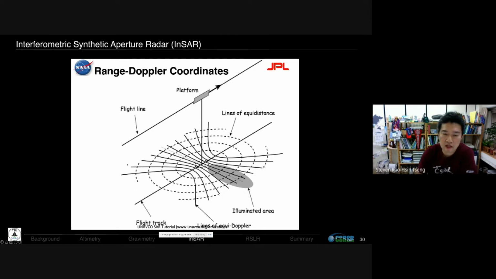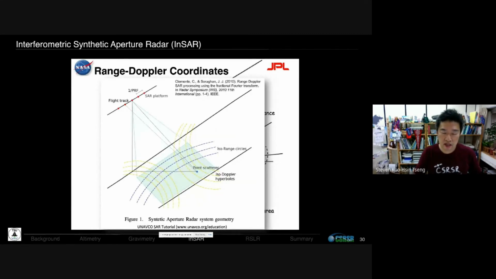So we can basically separate a return footprint into several small grids. It's very important because when we measure something, we want to know who is the reflector. So this tells us by what time delay and by what Doppler shift it belongs to that object.